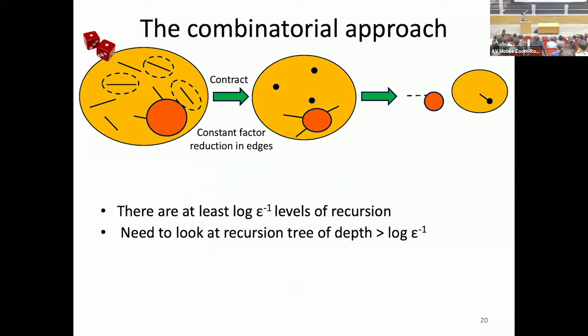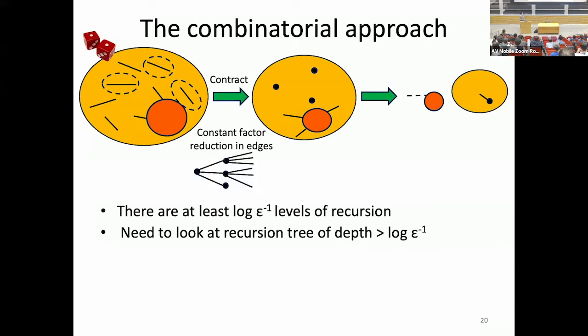Now, if you look at it, at each step there's a constant factor reduction in the edges. So there are many levels of recursion that need to be done. Again I'm greatly oversimplifying, but if you look at how many levels of recursion you need to unpack to get from a vertex to the cluster it belongs to, with a lot of hard work you can get it down to log 1 over epsilon.